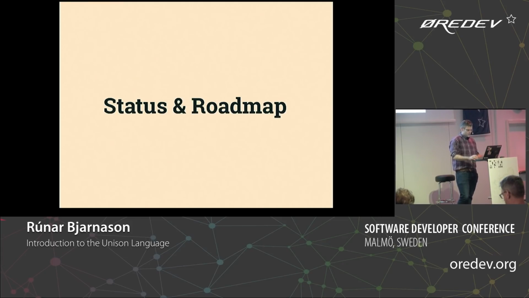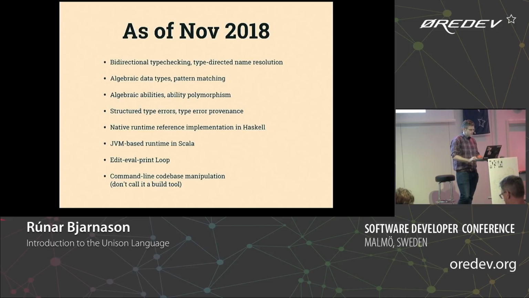Right, so status, where are we with this? As of right now, November 2018, we have implemented a lot of stuff. We have bidirectional type checking, type-directed name resolution, algebraic data types, patterns, and this ability system. It's polymorphic, so we have ability polymorphism.